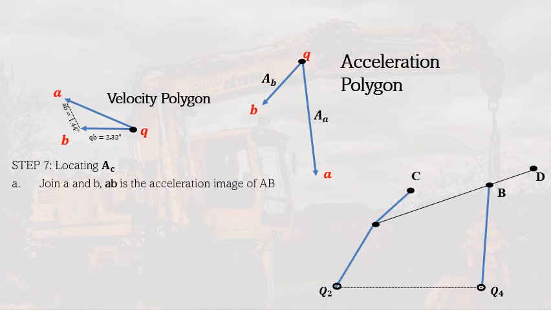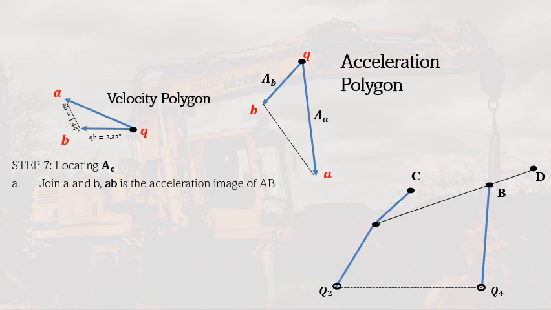So how do we do that? We can actually use our logic. We first join A and B, and AB is the acceleration image of the AB in the drawing. So the small AB, this AB here in the acceleration polygon, is the acceleration image of the AB in the given linkage.